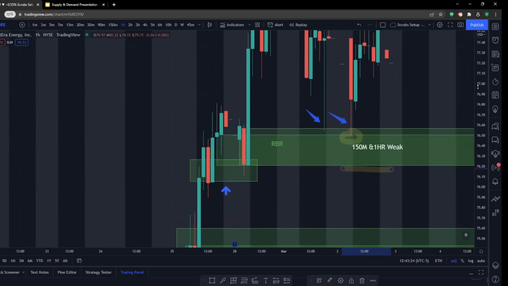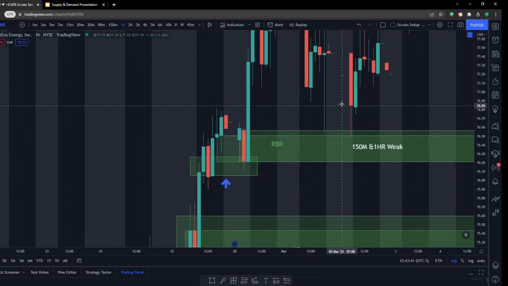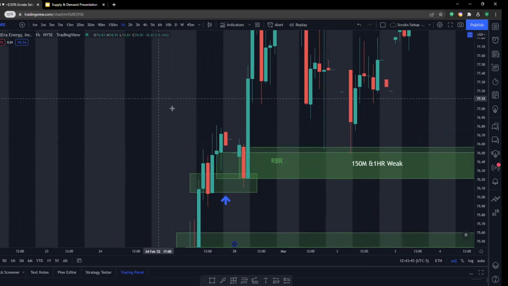You don't have to be looking around or searching for a stop loss. You already know where it is. It's right here. That's your stop loss. So that's what happens when we actually come inside of a demand area, if it actually works. Now, not every time it can work. It can just flush right on through, but this is a good example of what it looks like when it works.